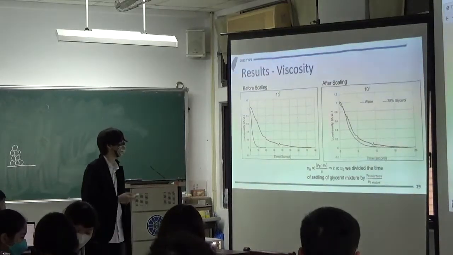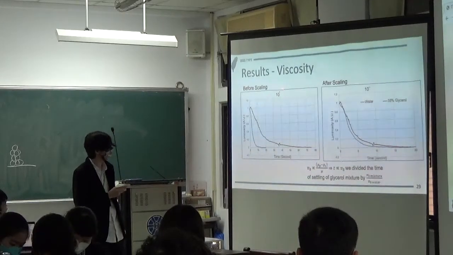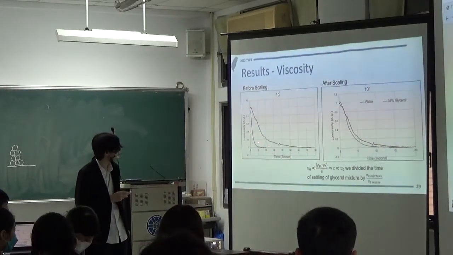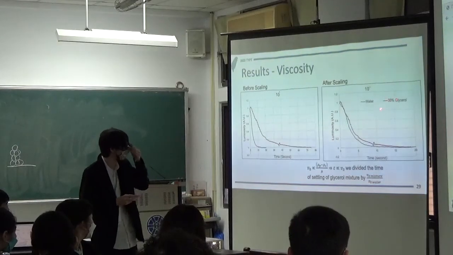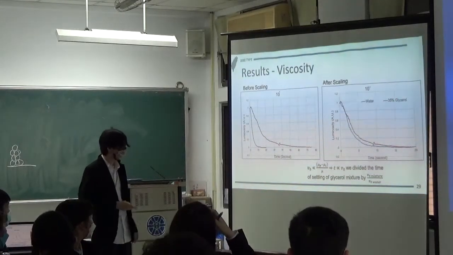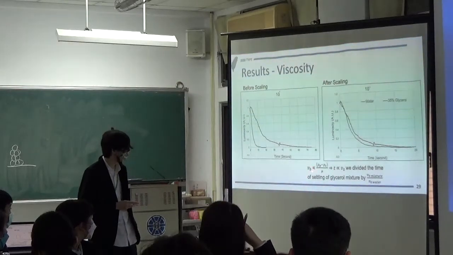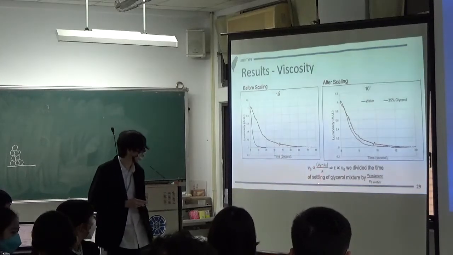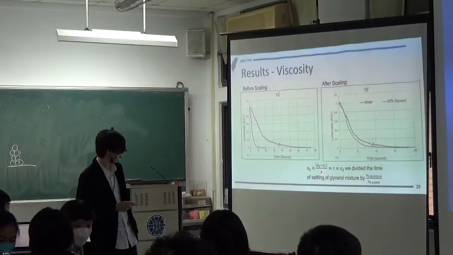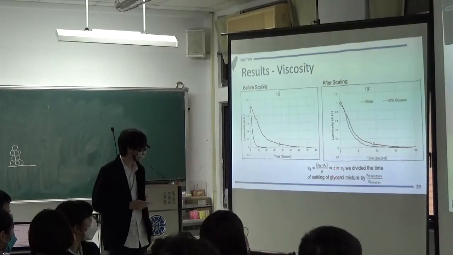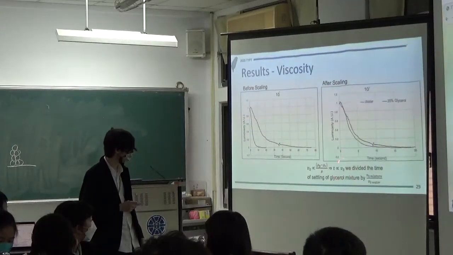We also tested the viscosity. We tilted the container at 10 degrees and plotted the settling rate of the water and 35% glycerol, as shown here. Due to the fact that the individual particle velocity is proportional to the difference of density divided by the viscosity, time is inversely proportional to individual particle velocity.